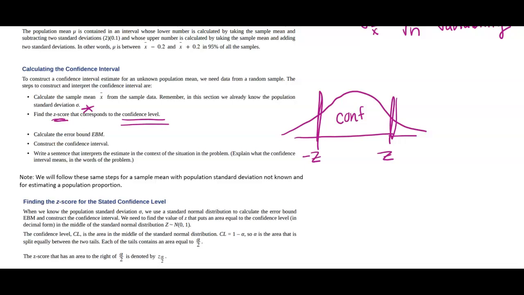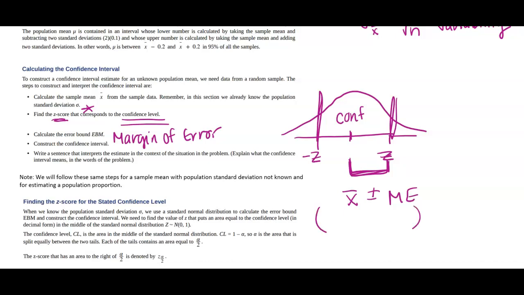And then you're going to calculate what we call the error bound. It is also called the margin of error, and that is this distance here. So based on that z-score, what is this distance? And then you are going to add and subtract that margin of error, or error bound, from the mean in order to find your confidence interval.